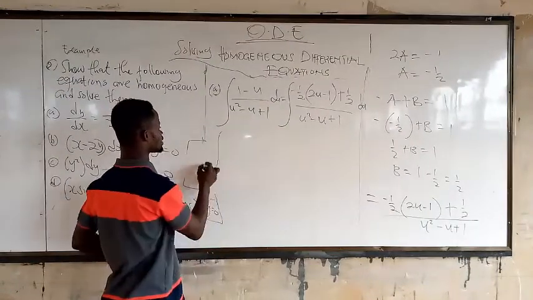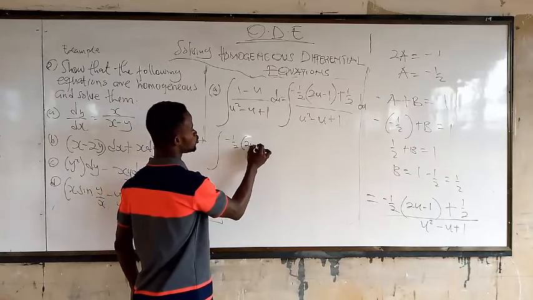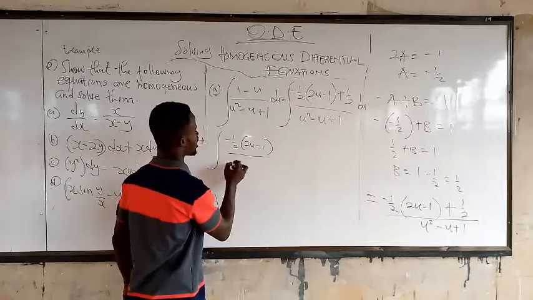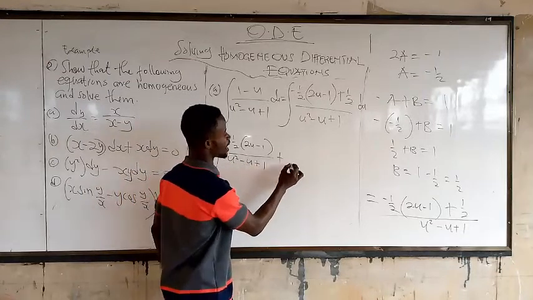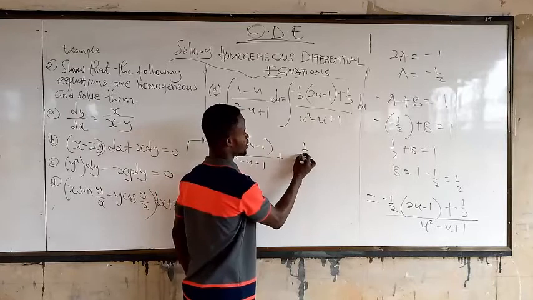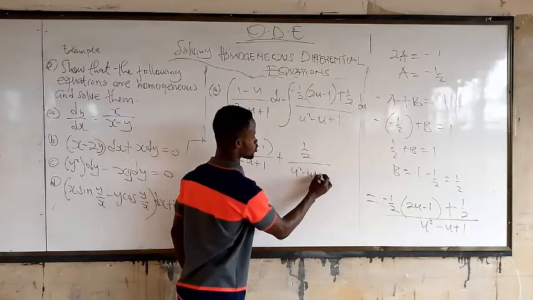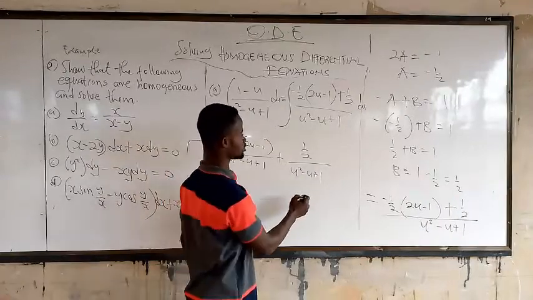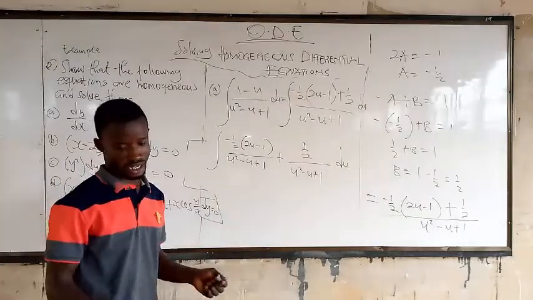Now here we are going to get half (2u minus 1) over u squared minus u plus 1, plus one over u squared minus u plus 1, which we can split. Alright, du. We are still under calculus 2.